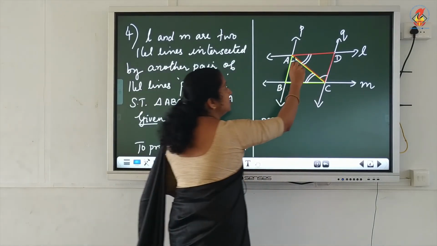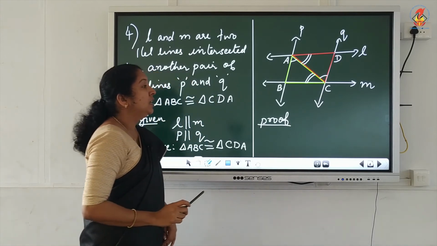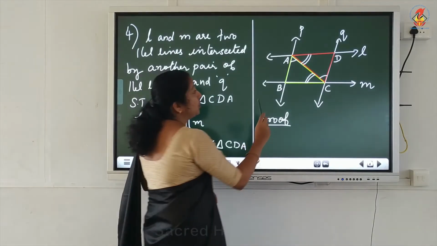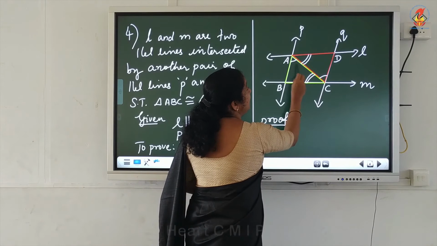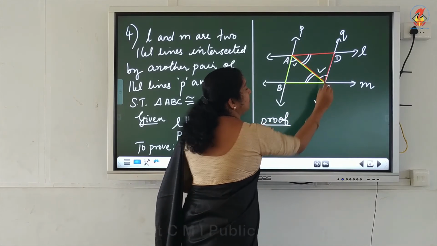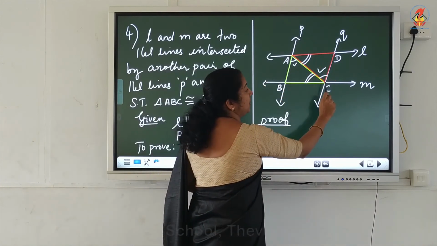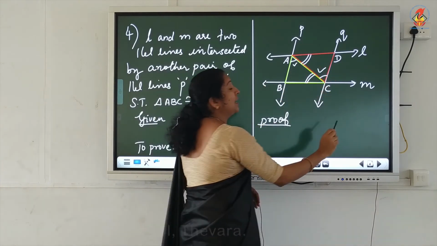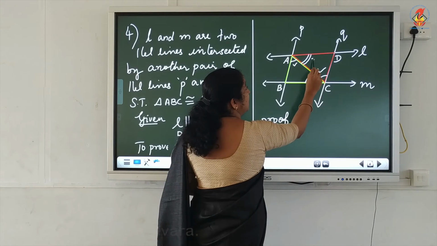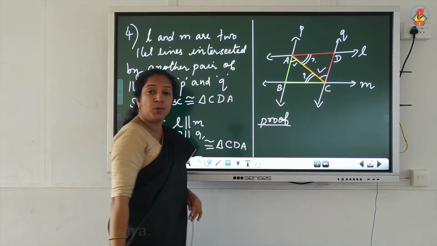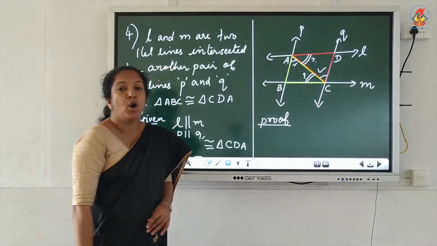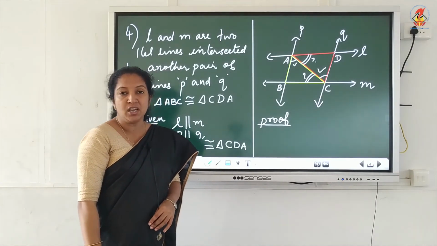So AC is a transversal. So we can say these two angles are equal, alternate interior angles. Similarly, L is parallel to M and AC again acts as a transversal, and we can say these two angles are equal using alternate interior angles are equal.